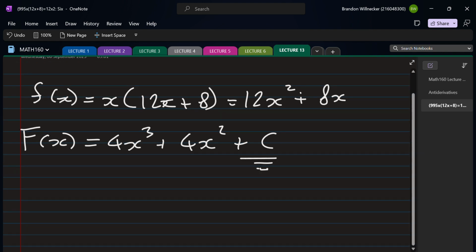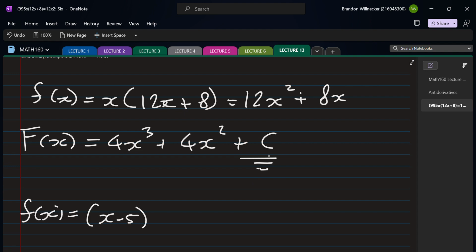Okay, similar to this, another problem from the tutorial. We have (x minus 5) squared. Again, later on we're going to learn how to do this in general, but for now, since we've got this inside function and outside function, it's a bit confusing, just multiply it out.